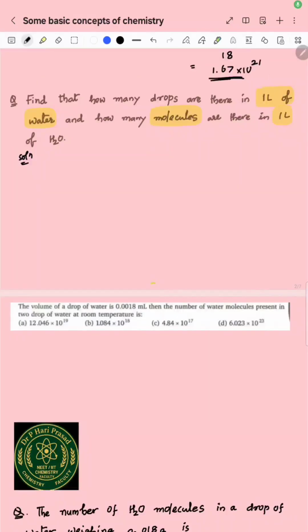The question is asking, find how many water drops are there in 1 liter of water and how many molecules are there in 1 liter of H2O, right? So similar to the above questions only, right? Already we know very well, student, that 1 ml of water contains 20 drops.